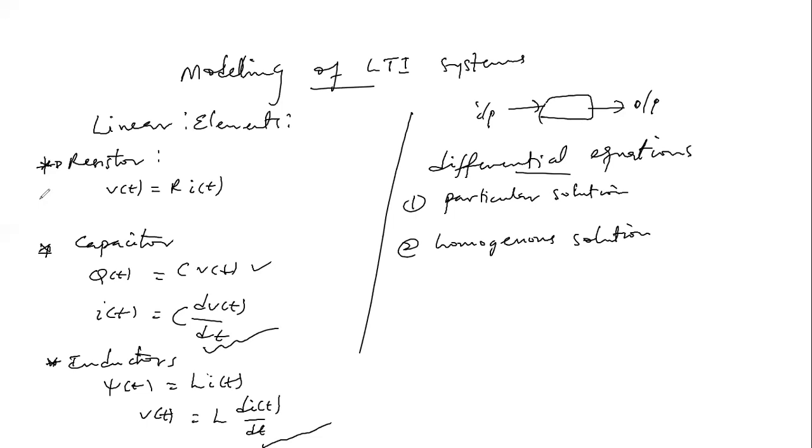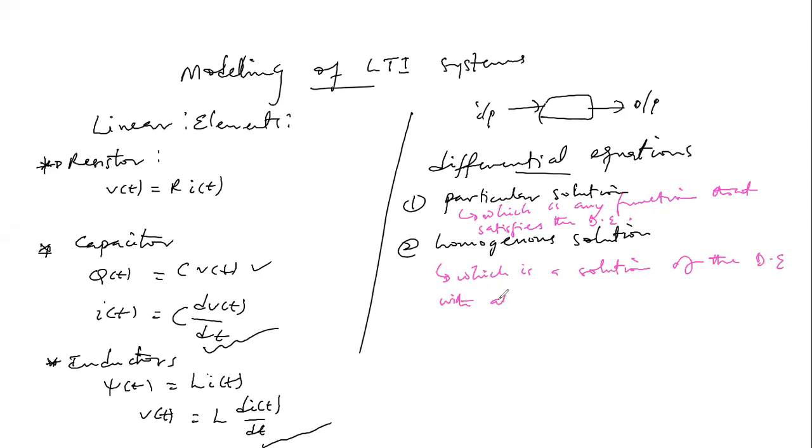We already know that the particular solution is any function that satisfies the differential equation, while the homogeneous solution is the solution of the differential equation with all inputs set to 0. Okay?